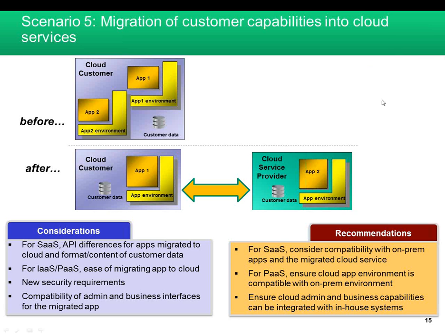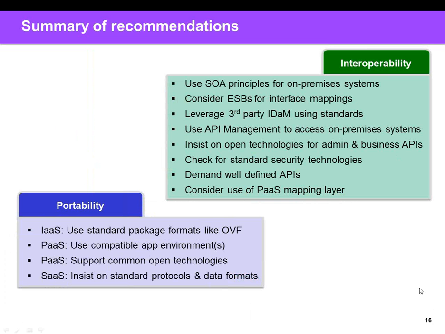If we move to slide 16, we have a summary of the sorts of recommendations we make. A smaller set down the bottom for portability. Portability for IaaS, largely a question of using standardized packaging formats like OVF for the applications.